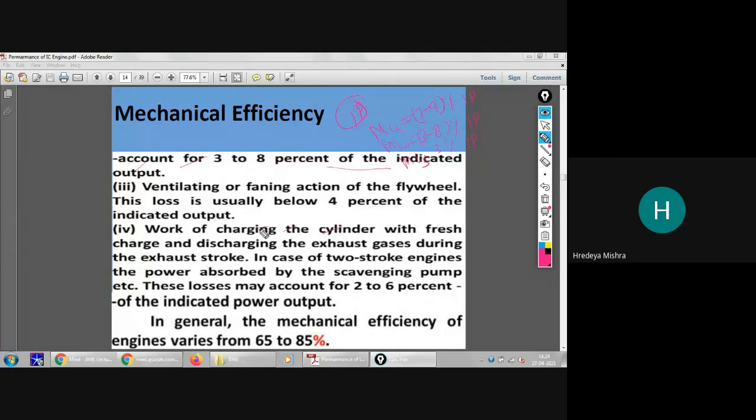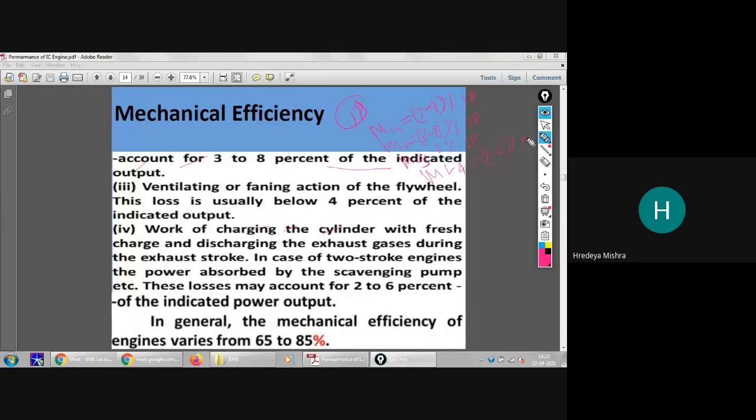And fourth, work of charging the cylinder with fresh air and discharging the exhaust gases during the exhaust stroke. In case of a two-stroke engine, the power absorbed by the scavenging pump, etc. These losses may be 2 to 6%, means ML4 is 2 to 6%.